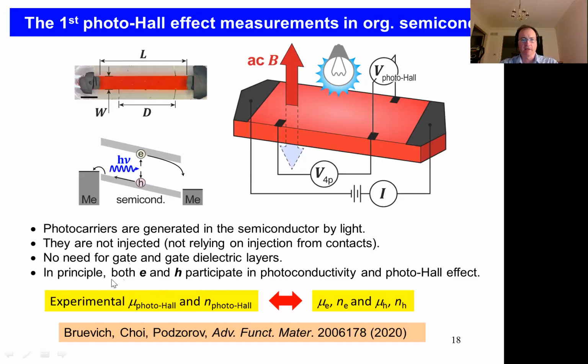In principle, both electrons and holes should participate in this, and the task is to extract these microscopic parameters, mobility of electrons and mobility of holes, and their carrier concentrations from the experimentally measured photo Hall mobility and photo Hall carrier density.